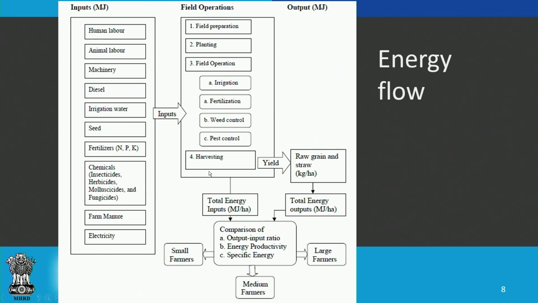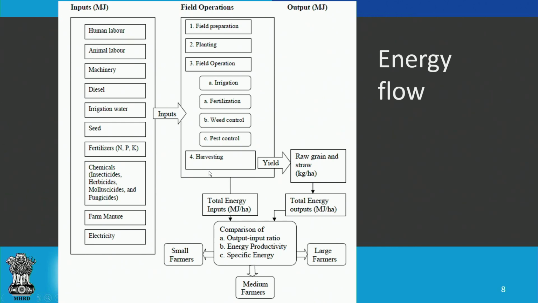So, we are here talking about the controllable inputs, which include human labor, animal labor, agricultural machinery, use of diesel or petrol, irrigation water, seed, important fertilizers, different agrochemicals including the insecticides, herbicides and fungicides, etc. Then we have farm manure and electricity.